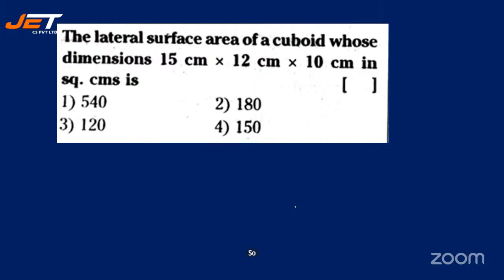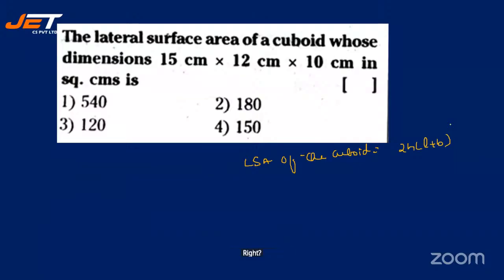So always it is length into breadth into height. Okay, so let me work it out for you. LSA of the cuboid, or the curved surface area, is twice of h into L plus B. Right?